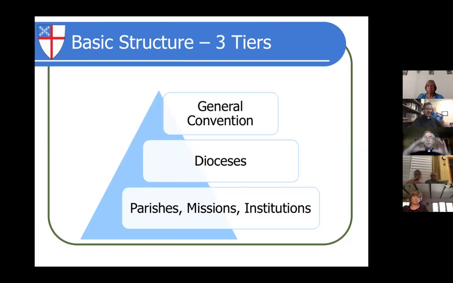3 levels. General Convention at the top. General Convention is like Congress for the Episcopal Church. It's where the decisions are made about our laws, about approving resolutions. It's the chief decision-making body. It's where the highest authority resides in the Episcopal Church. The next level is the diocese.